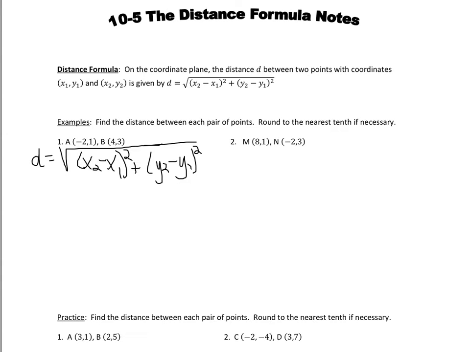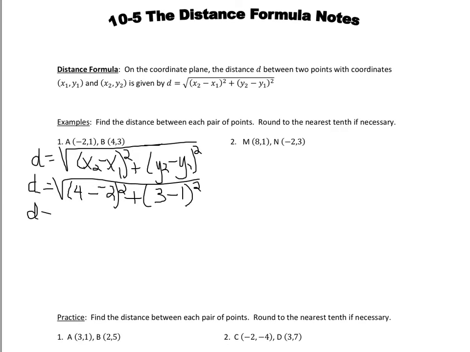You can technically subtract these in either order, but I tend to follow the formula and start with the x from the second point. So the x from B is 4, and I'm going to subtract the x from point A, which is -2, and square that, plus the y from the second point, 3, minus the y from the first point, 1, squared.